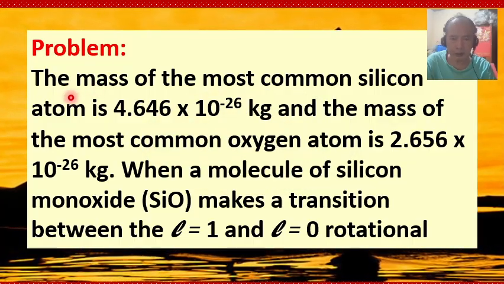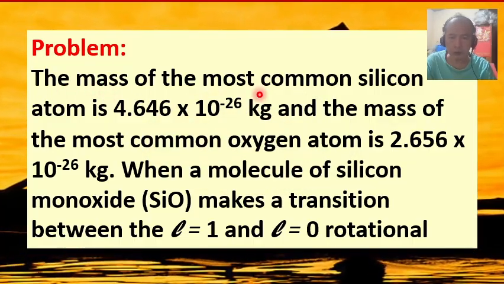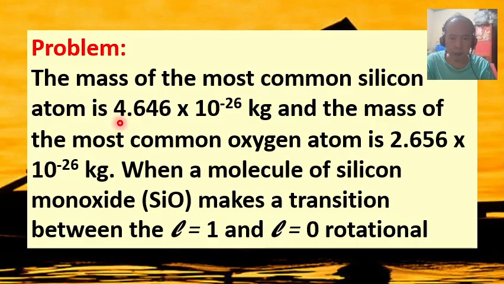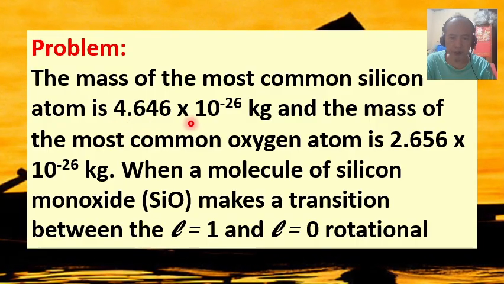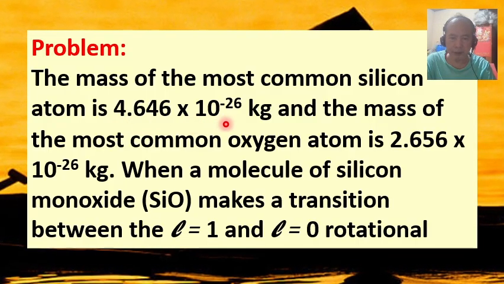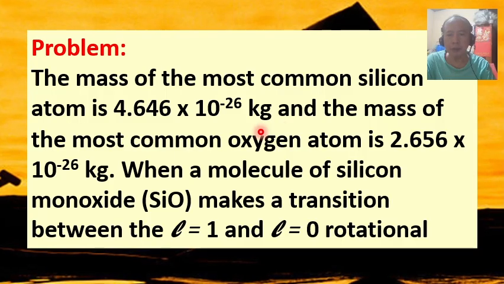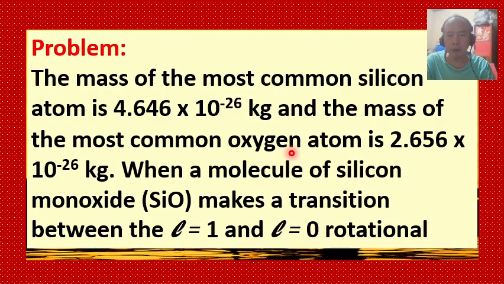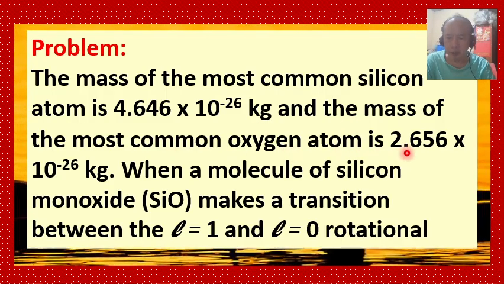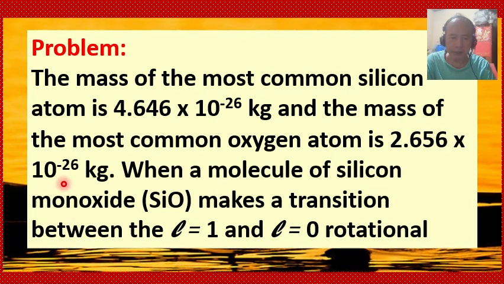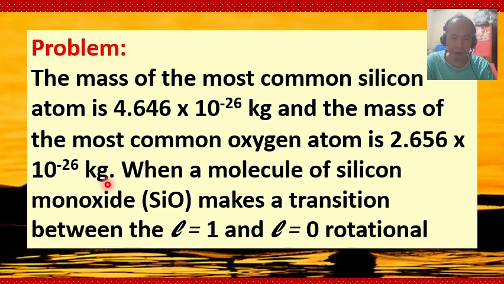The problem: the mass of the most common silicon atom is 4.646 times 10 raised to the negative 26 kilogram, and the mass of the most common oxygen atom is 2.656 times 10 raised to the negative 26 kilogram.